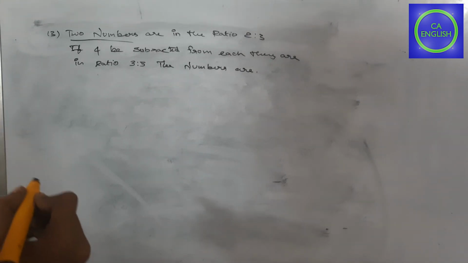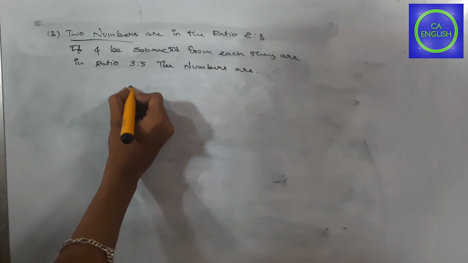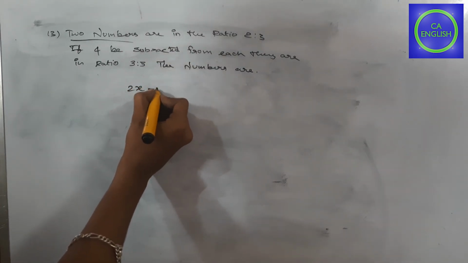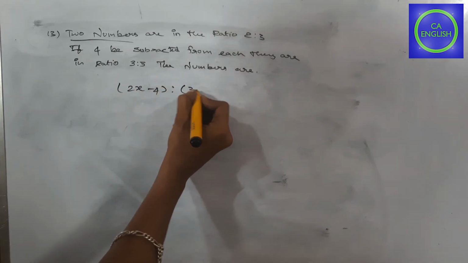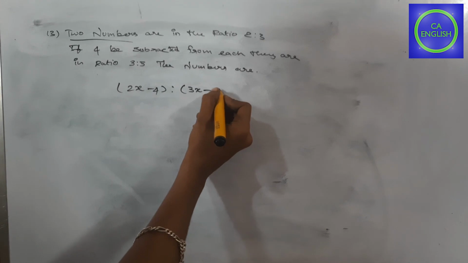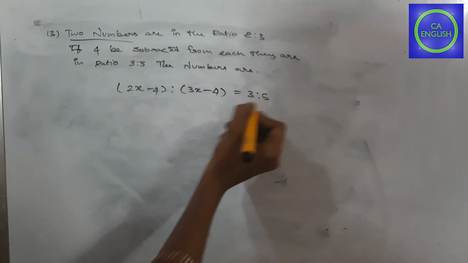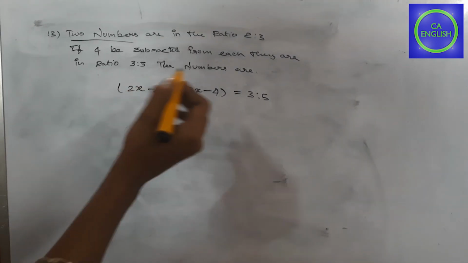Just take note: 2x minus 4 is to 3x minus 4, and the answer will be 3 is to 5. This is the given question. We take the unknown number as x.